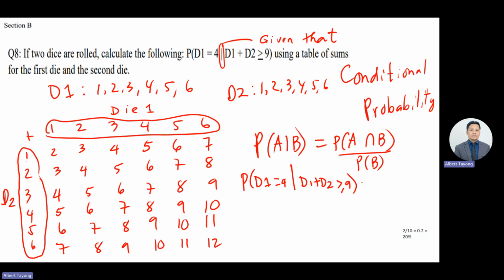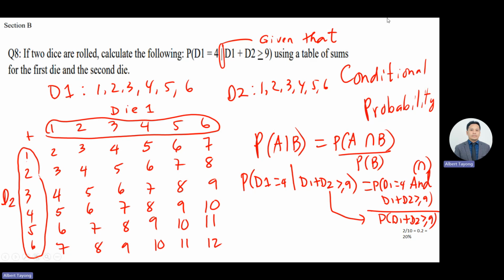So this is P of D1 equals 4 and, or intersection, D1 plus D2 greater than or equal to 9, and down is D1 plus D2 greater than or equal to 9. So we change our line to and, or intersection, and this second one will come down.